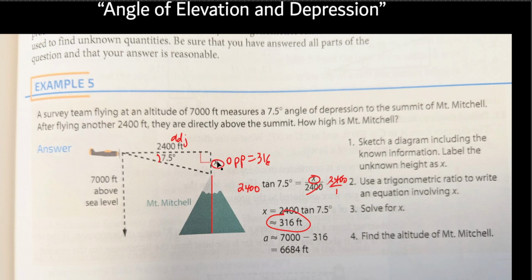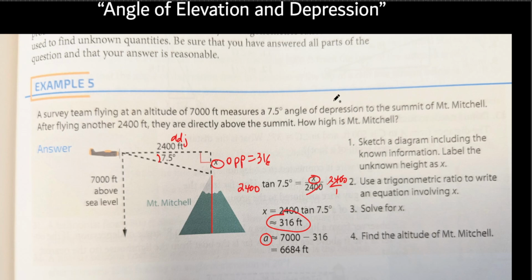If this little bit right there is 316, how do I find the rest of it? Just subtract, and it's right there. Okay? So they use A for altitude, probably, and it doesn't matter what letter you use. All right, but they used A for this red line right there. So they took 316 away from 7,000. They got 6684, and that's how you do it.